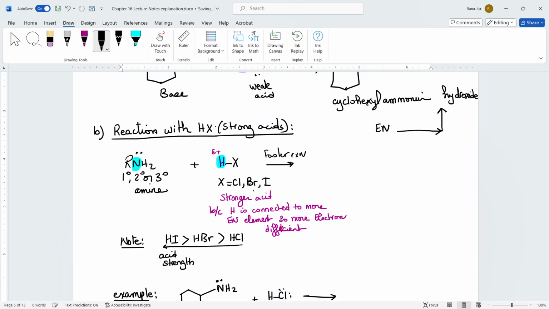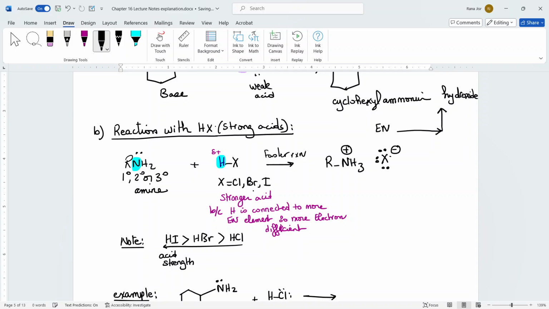Okay. And your product is going to be the same. It's going to be an alkyl ammonium, but instead of having a hydroxide in there, you are going to have a halide, whether it's a chlorine, a bromine, or iodine. So that is going to be an NH3 plus in there that is counterbalanced with the halogen.